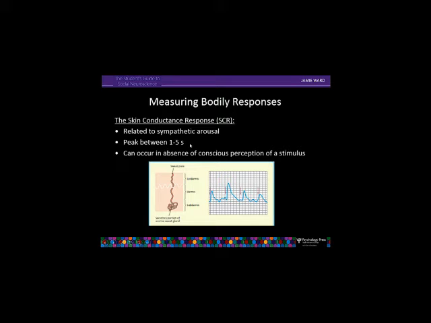The interesting thing about that is that it can occur in the absence of even a conscious perception of a stimulus. So here, this would be a fearful face presented for 20 milliseconds. You ask the person, what did you see? They'll say nothing, okay? But you can show that they have this response. So this is an interesting part of the toolkit, very different from, say, a questionnaire measure where you're asking people to reflect on things, okay?